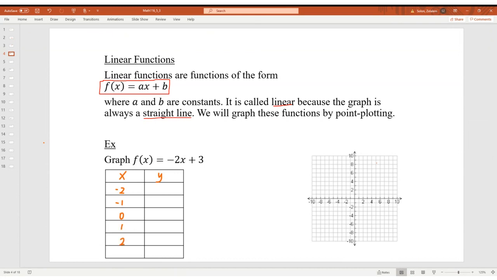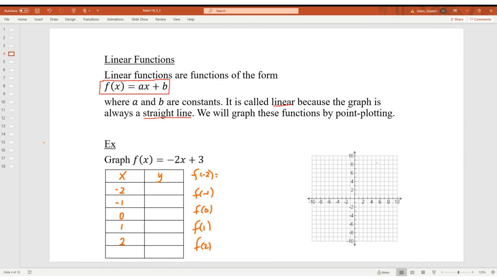So what you have to do is find f of -2, f of -1, f of 0, f of 1, and f of 2. The way we do it is just plug in -2 into the function.